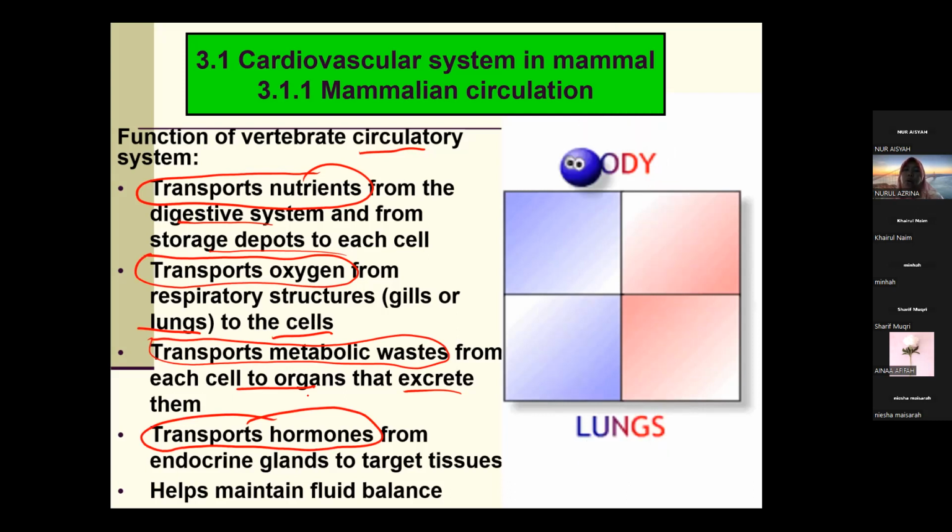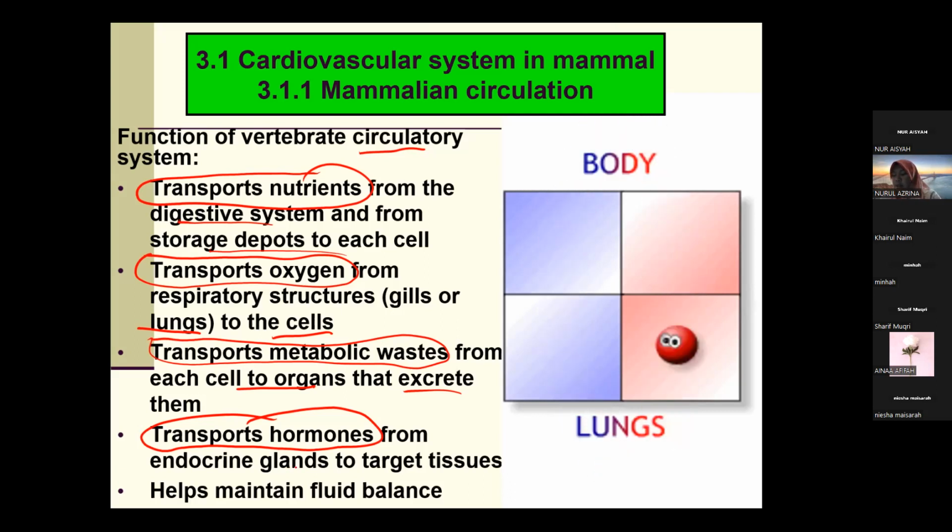Contoh, one of the endocrine glands kita ada pituitary gland here down our brain bahagian bawah tu kan. So how does the hormone from pituitary gland act on the organs that are far away from the brain? Dia bergerak melalui circulatory system.